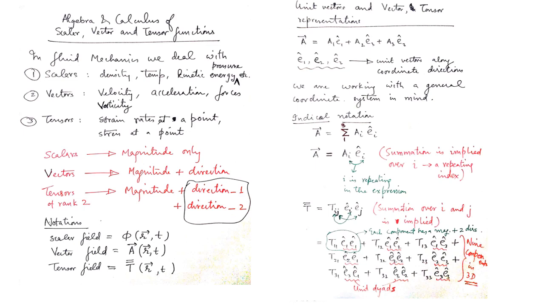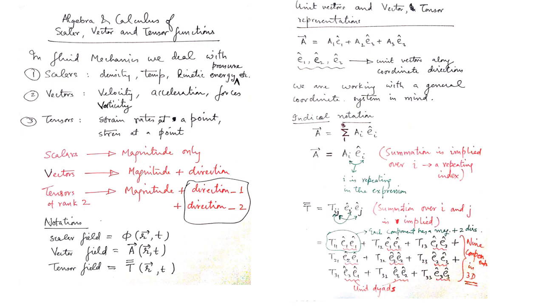And likewise in the second, I is fixed at 2 and J is again varied from 1, 2 and 3, and so on. So these are 9 components. Remember, a vector has 3 components in 3D, but a tensor of rank 2 will have 9 components in 3D. So it's actually much more complex than a vector.